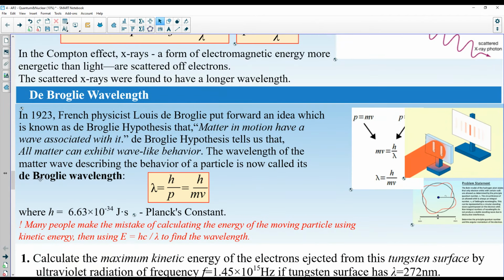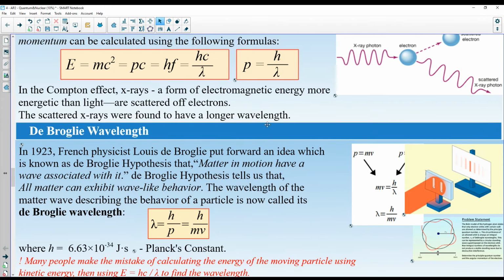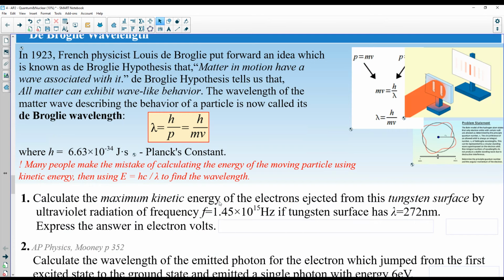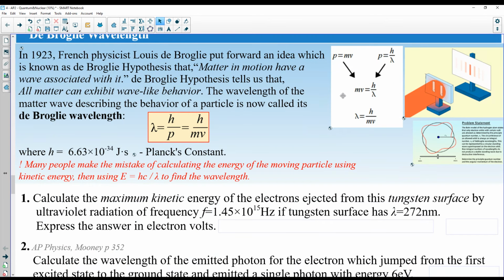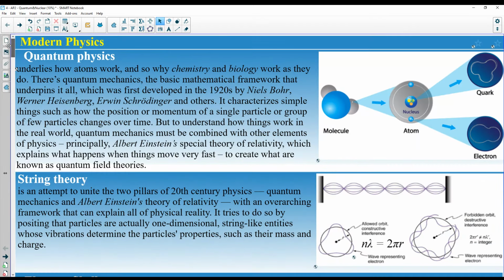Every time you hear de Broglie wavelength, you want to use this formula. I'm going to make a different video for your practice questions, not in this one. I just wanted to do a quick introduction into quantum physics, and the calculations and problem solving will be in a different video.